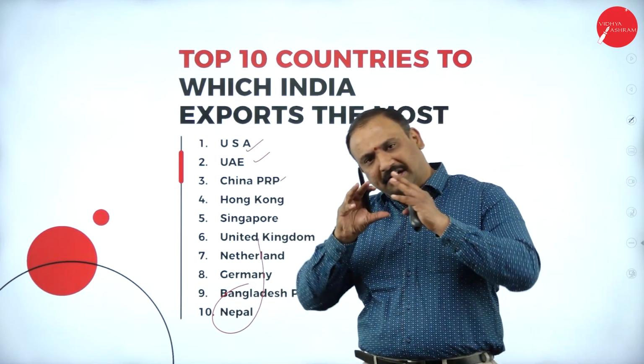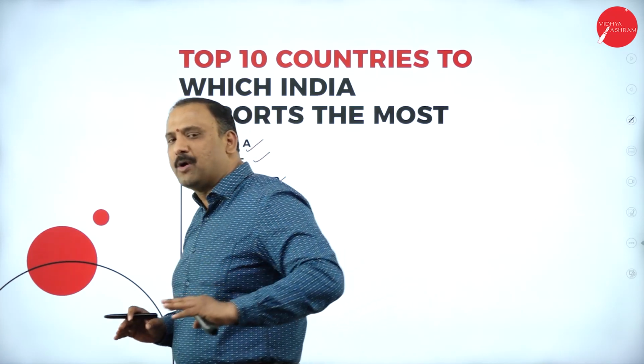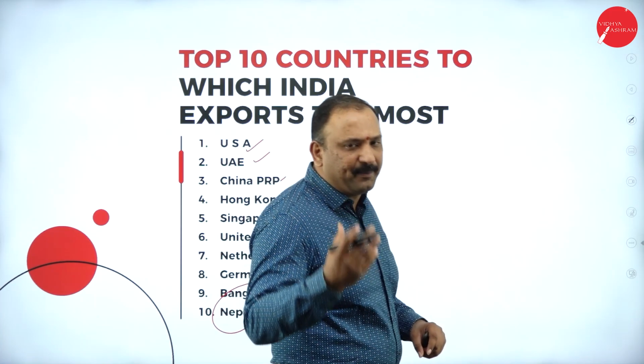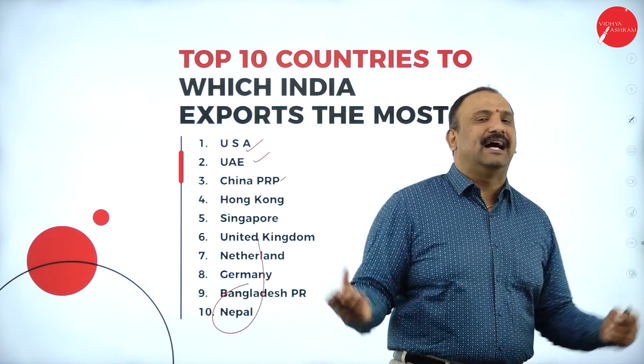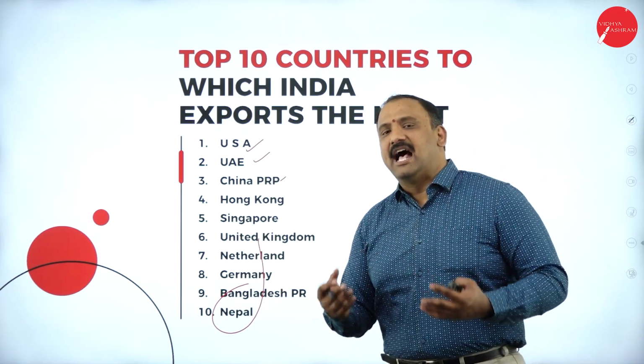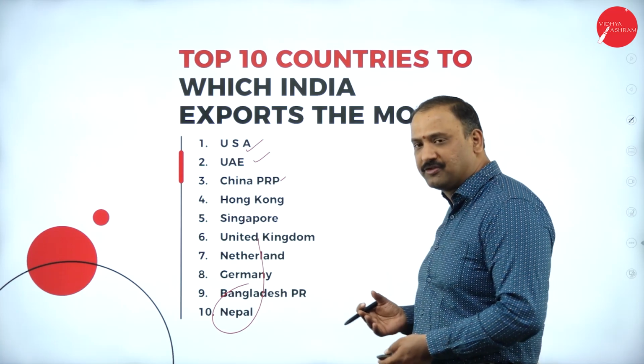When it comes to our neighbors, India has always been a very prominent exporter, growing on a very large scale, and all our neighbors have been really happy about this export growth.